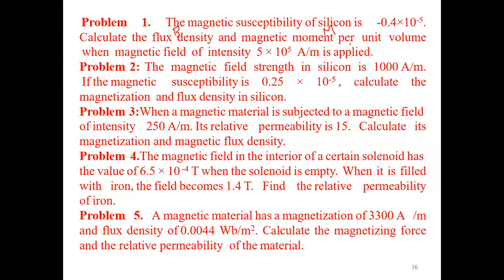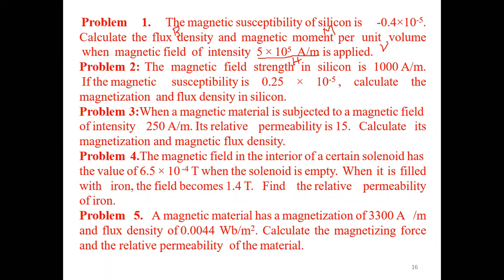In last class, we derived some formula. So using this formula, and the magnetic field intensity applied, this is H. In last class, we studied three magnetic vectors, B, M, and H. So how will you solve this problem?